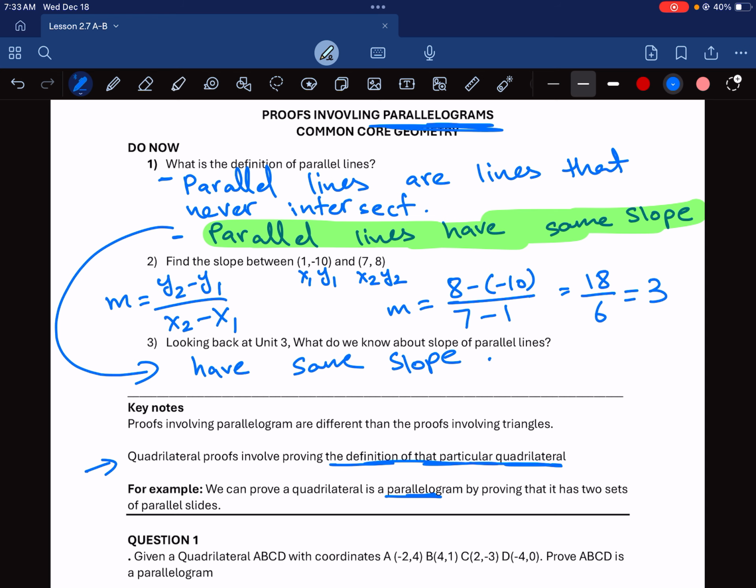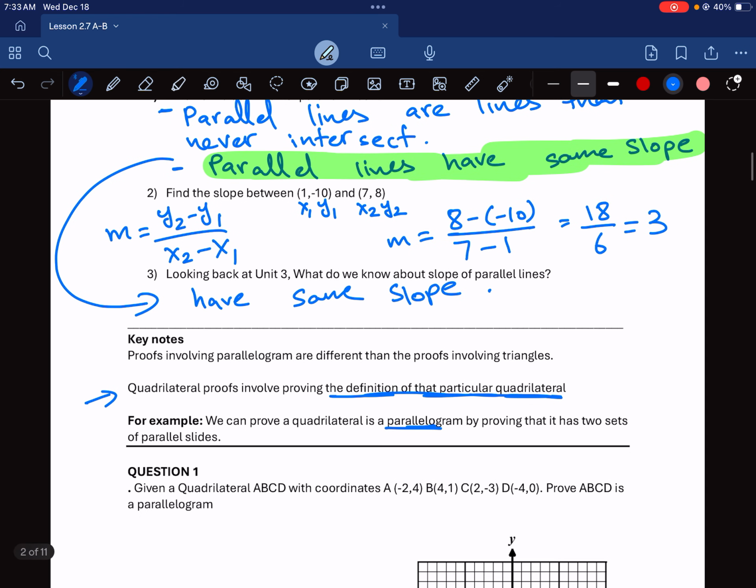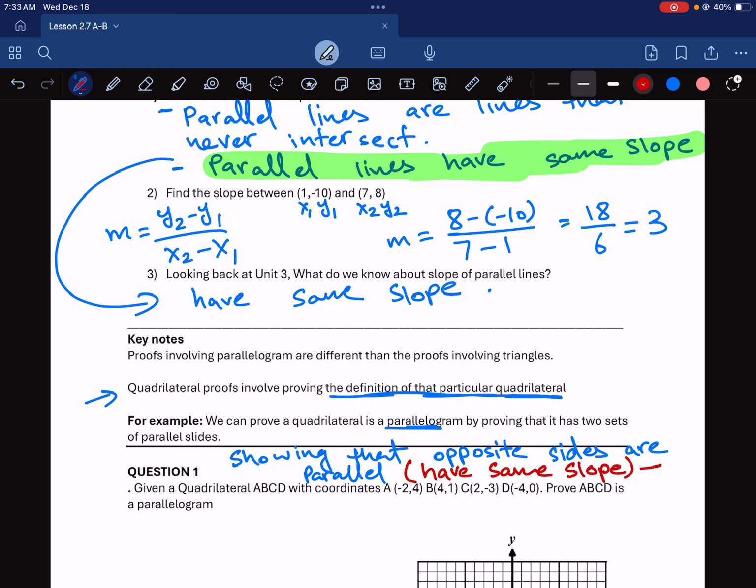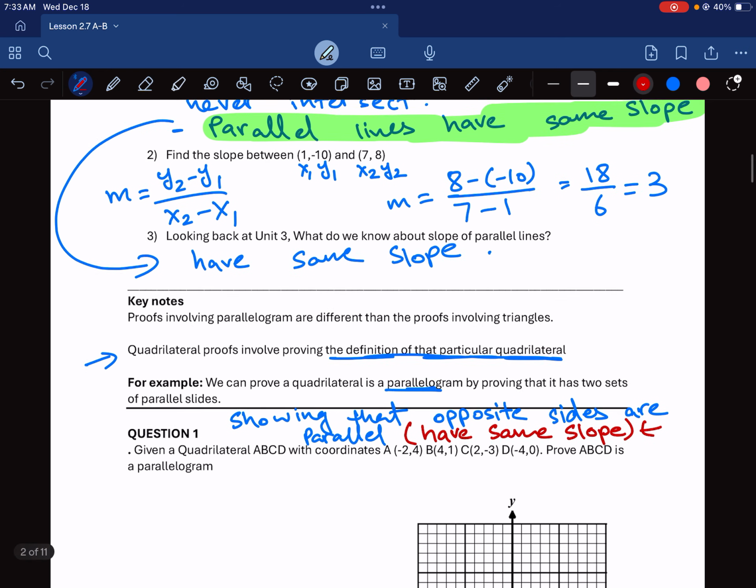And the way we do that is by showing that opposite sides are parallel. Another way to think about it is that you have to use the slope formula to show that they have same slope. Okay, so all you have to do is use the slope formula to show they have same slope.